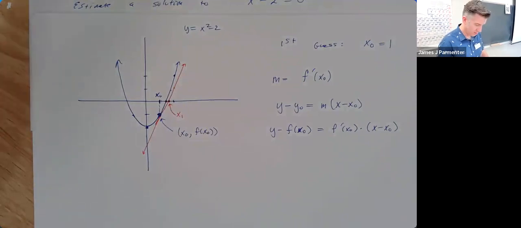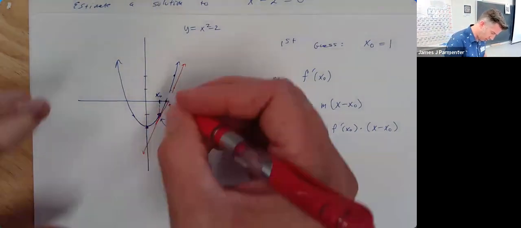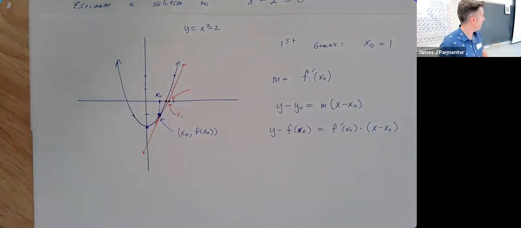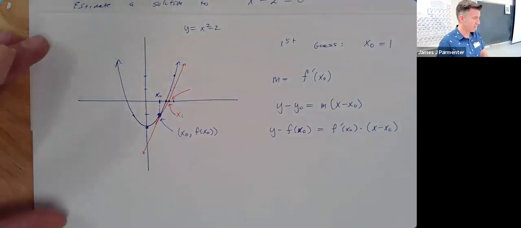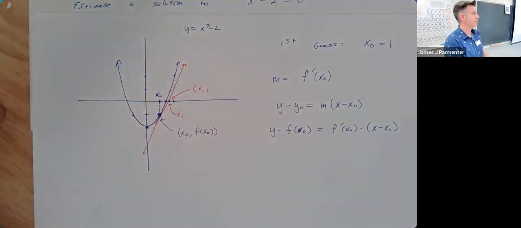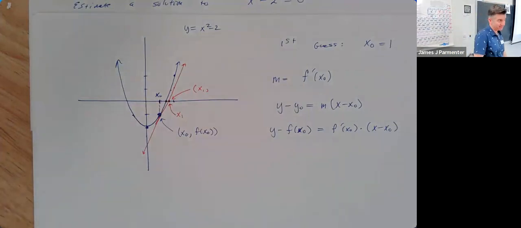So here's the deal. I want to find this new point here. At that new point there, I'm calling the x coordinate x1. What's the y coordinate of that point that is on the x-axis?